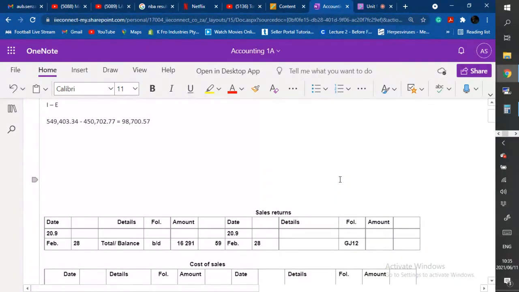Also, show the capital and drawings account in the statement of financial position section, close drawings off against capital, and balance the capital account to determine the correct amount for owner's equity at year end. Okay, cool. So all we need to do here is year end procedures, but now in the general ledger.